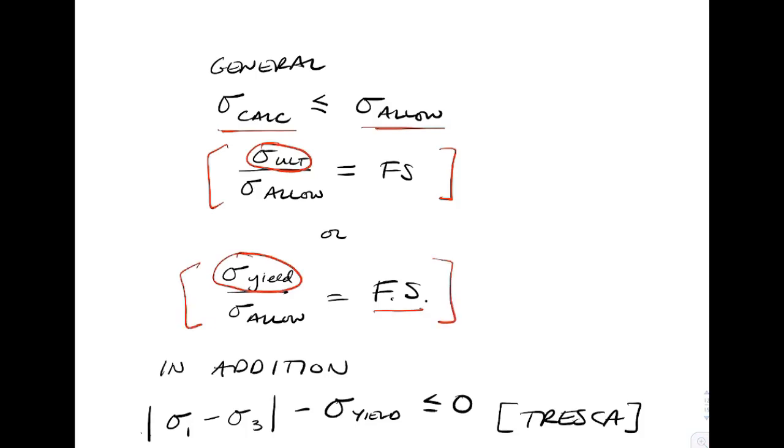Factors of safety could be applied to either. So for instance, this top one would tell us that sigma allowable would be equal to sigma ultimate divided by some factor of safety. So we're going to use a fraction of the ultimate to create an allowable stress to design to.